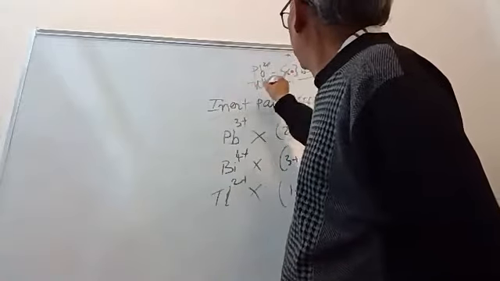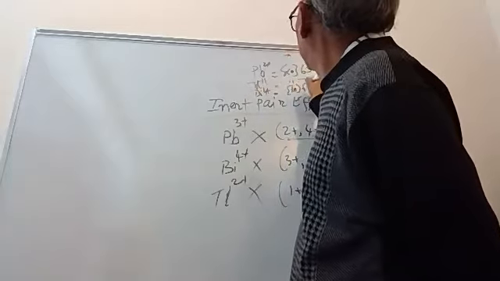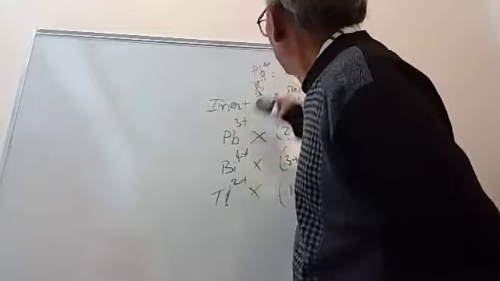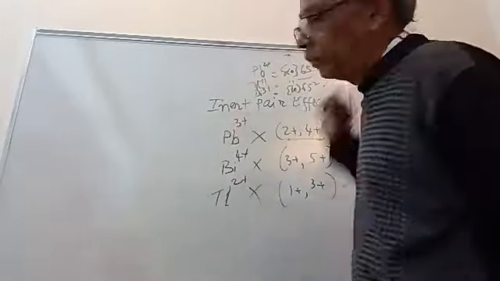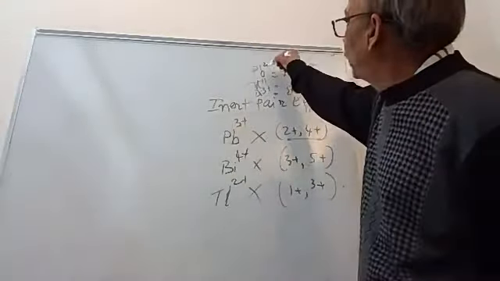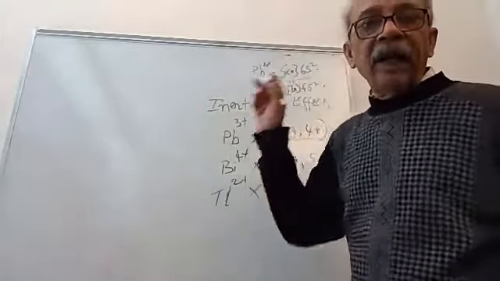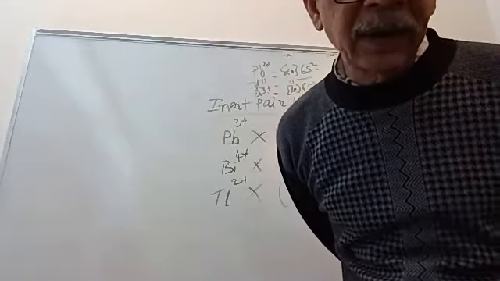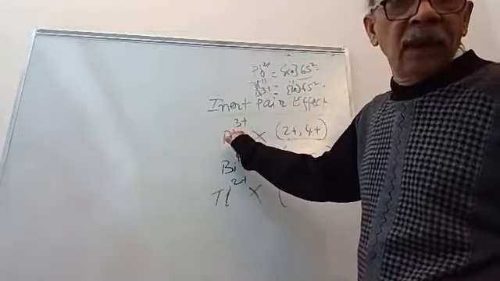And similarly, bismuth 3 plus is also 6s2. So what's common between lead 2 plus, thallium 1 plus, and bismuth 3 plus? They all have the same electronic configuration, right? 6s2, 6s2, 6s2.